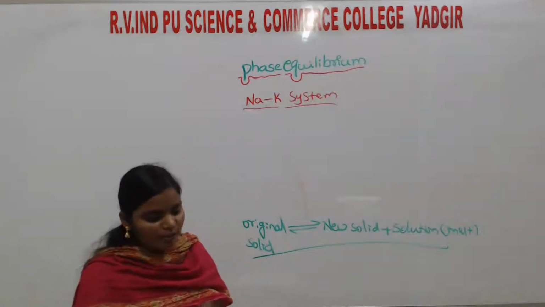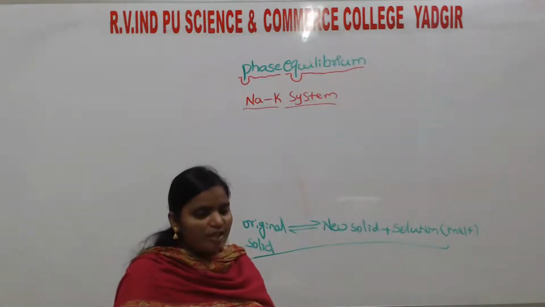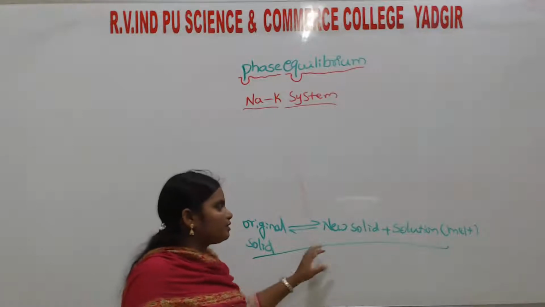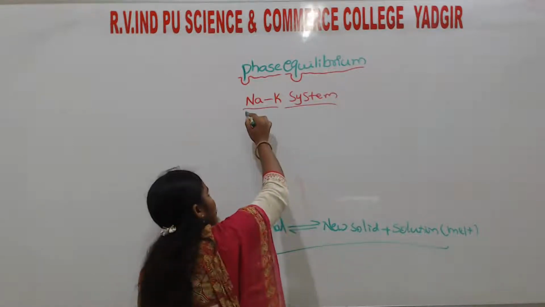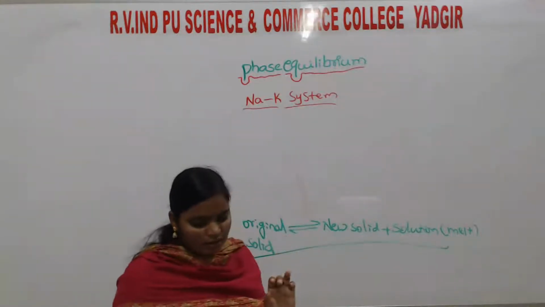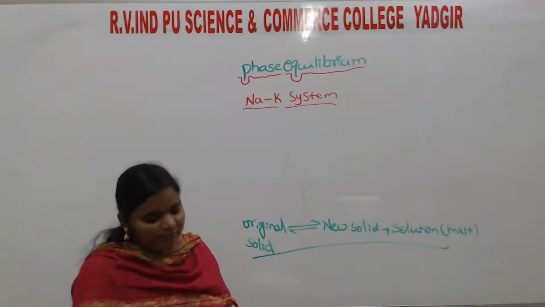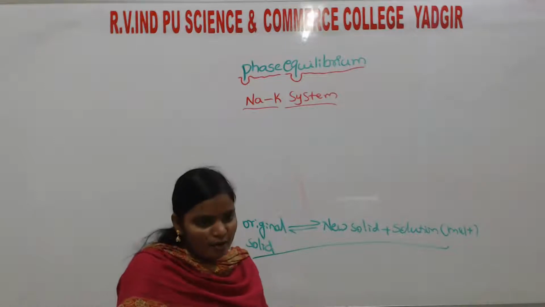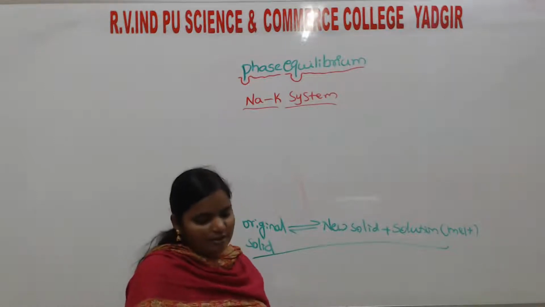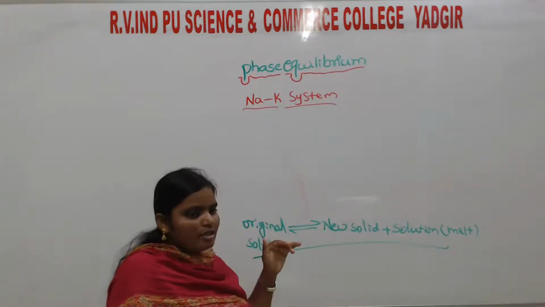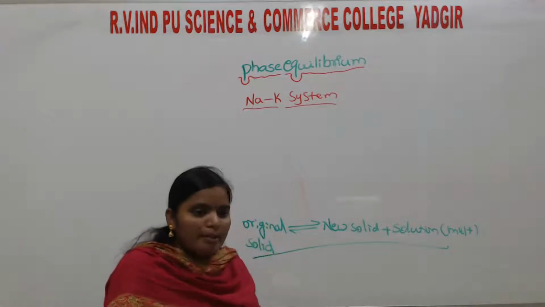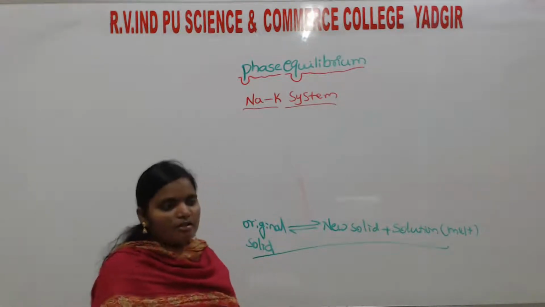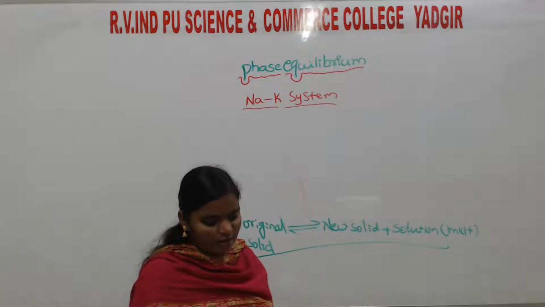The sodium potassium system belongs to this category, meaning it has an incongruent melting point. It decomposes, and the reaction is known as a peritectic reaction or a transition reaction.